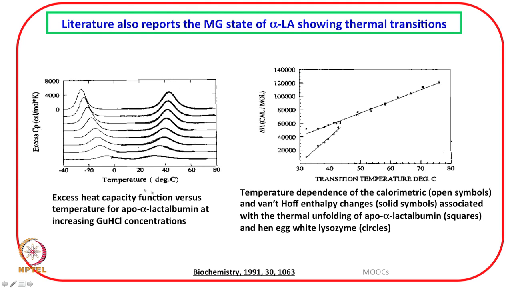However, let us keep in mind that these authors suggested that the molten globule state of a protein shows a cooperative thermal transition which is smaller than the one obtained with the native state. As we keep on increasing guanidinium hydrochloride concentration, the height of the peak is decreasing, that means area under the peak will keep on decreasing, as well as there is a shift towards the left side.